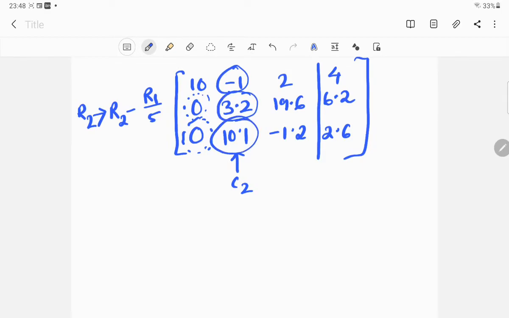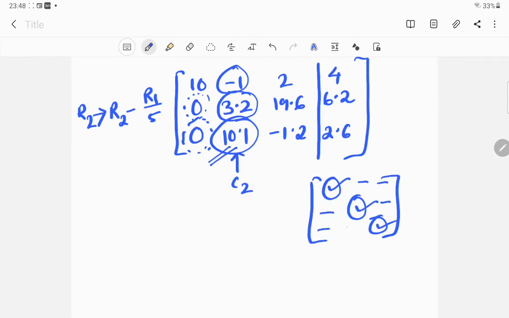Which number is the biggest? The biggest number is 10.1, so we will make 10.1 the next pivot. Do you remember? Pivotal places are the first pivot, second pivot, third pivot, and these places are like that simply.